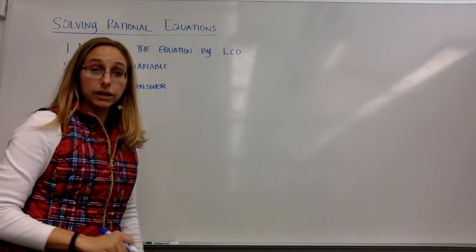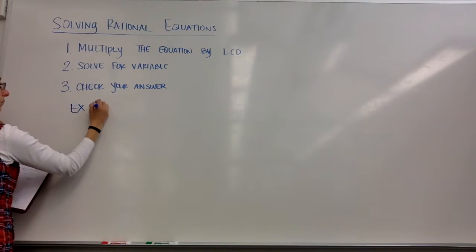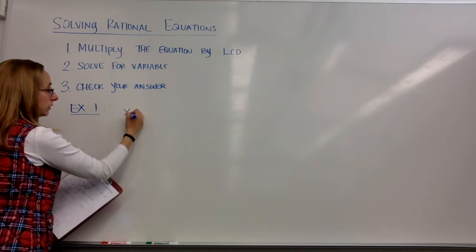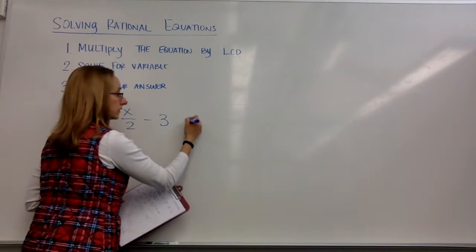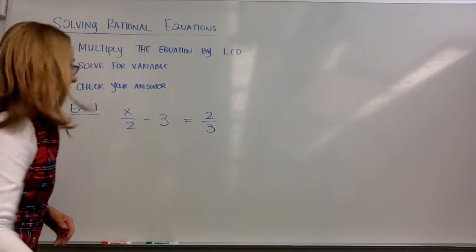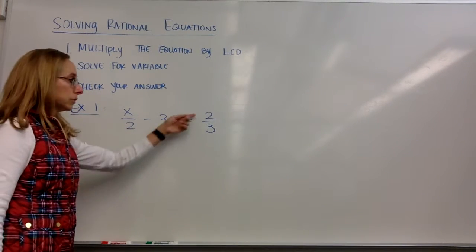Okay, let's go ahead and look at an example. We have x over 2 minus 3 is equal to 2/3.